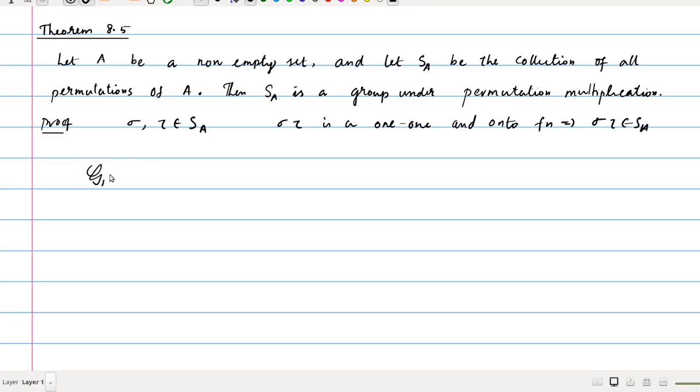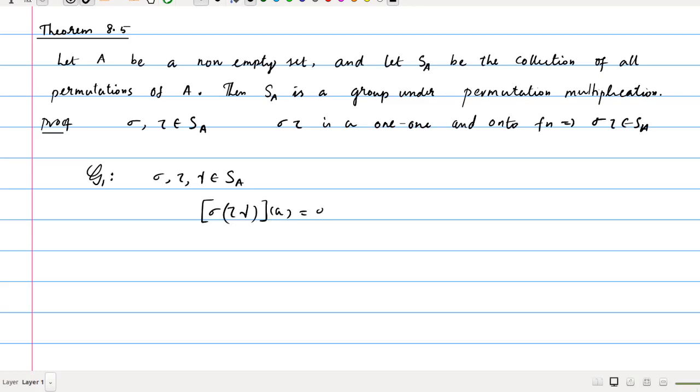Now we will observe the axioms. First axiom is G1, that is the associativity. Suppose we have sigma, tau, gamma, 3 elements from S_A, then how will you check the associativity? What is sigma tau gamma of some a?